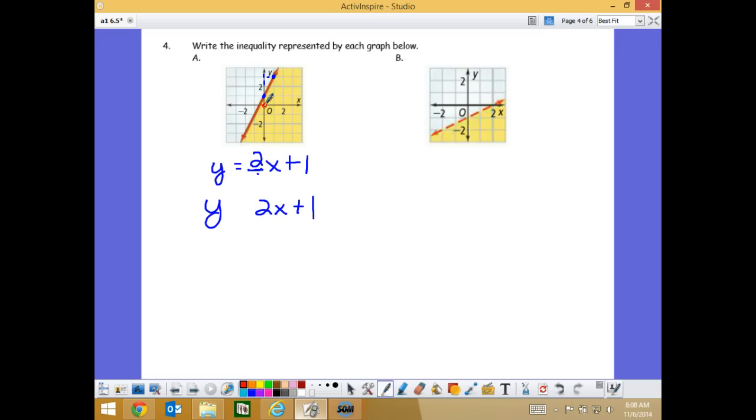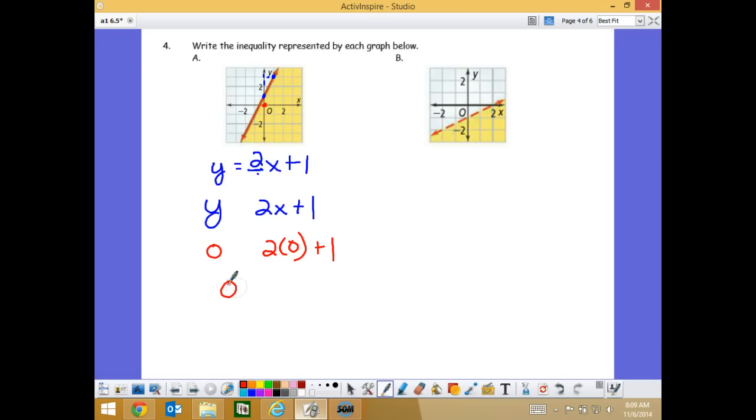And again, if you can pick the point 0, 0, do it. It's the easiest one to work with. So in this case, we're going to substitute 0 in for y and 0 in for x, and determine how this side compares to this side.